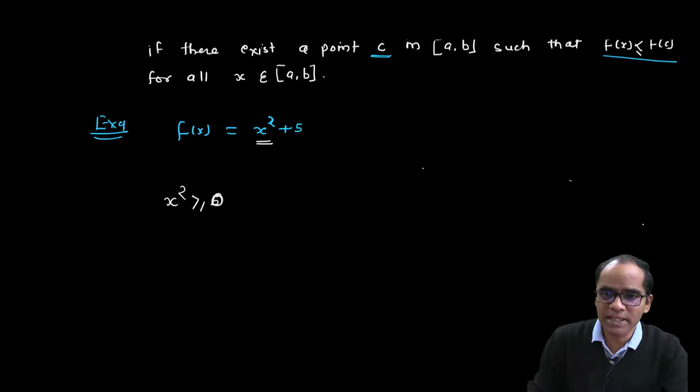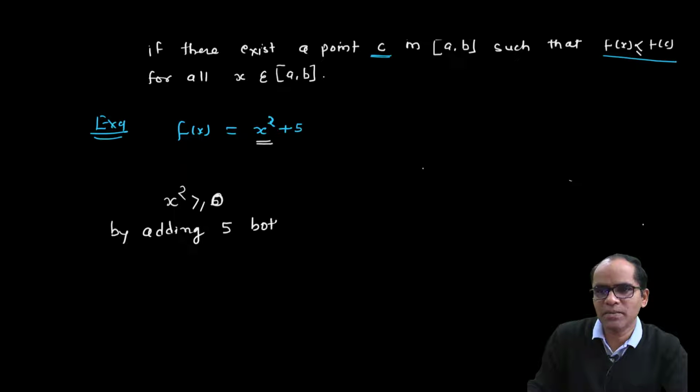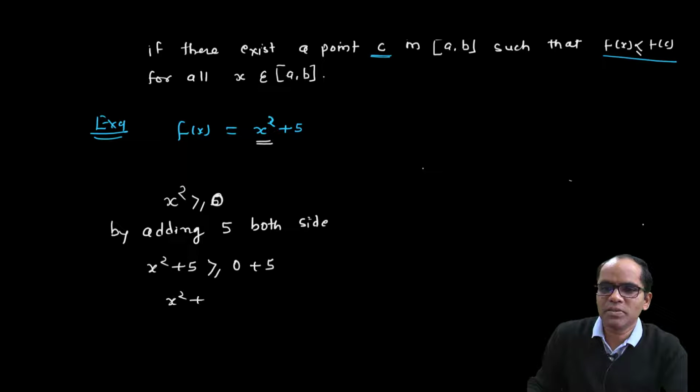So in this case, by adding 5 on both sides, because in the function 5 is there, that's why we are adding 5, x square plus 5 is greater than or equal to 0 plus 5. So this will be x square plus 5 is greater than or equal to 5.